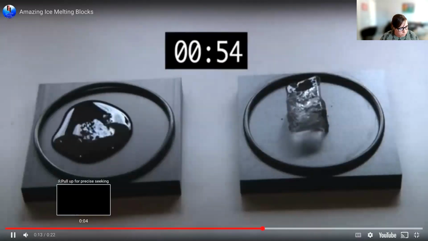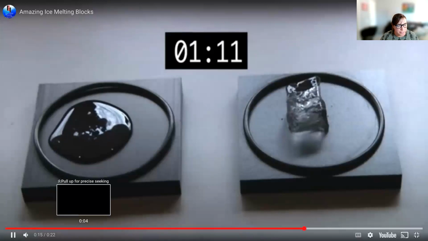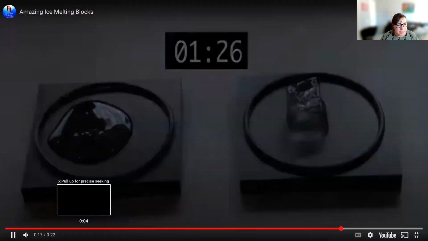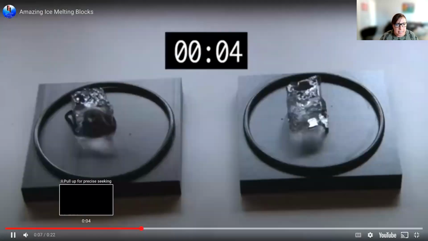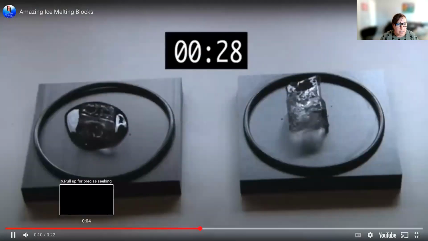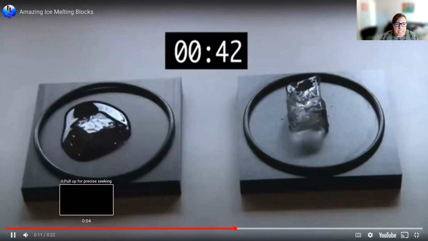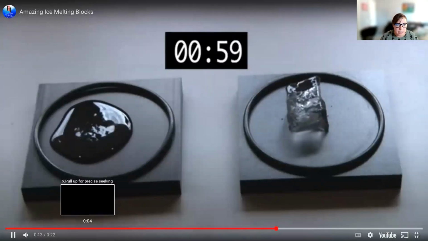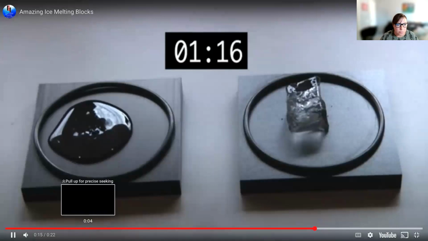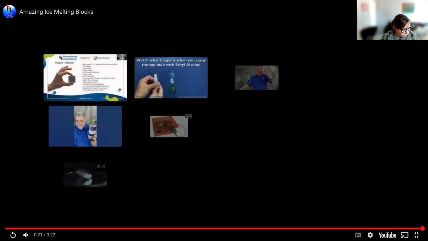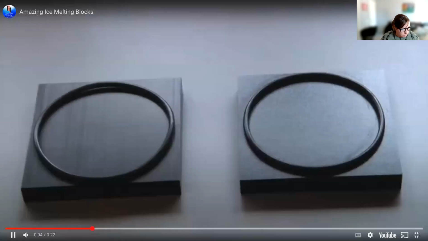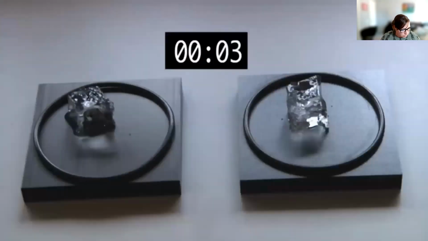Okay, there's about 45 seconds left. I will keep going to make sure your idea pile is robust and full of ideas. What do you see? What do you notice? Okay, about 20 seconds left.